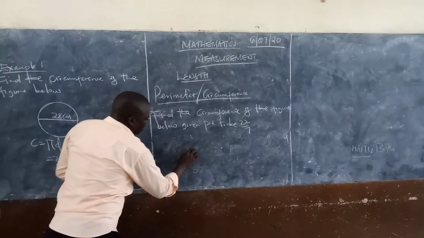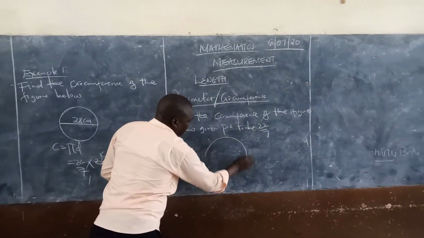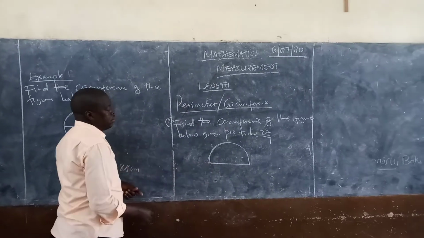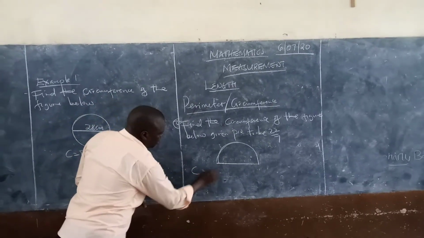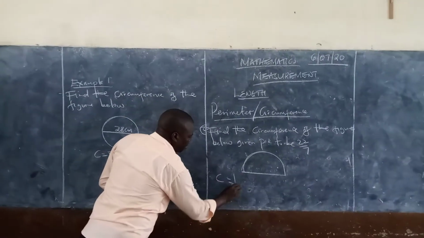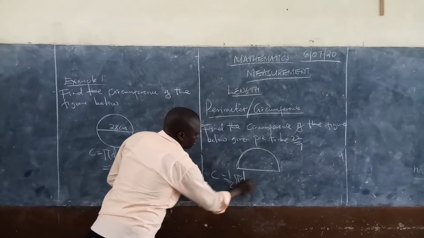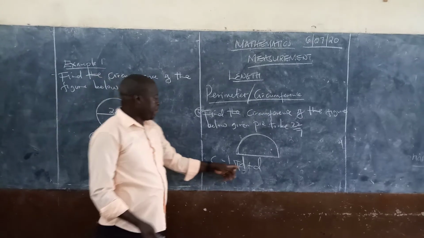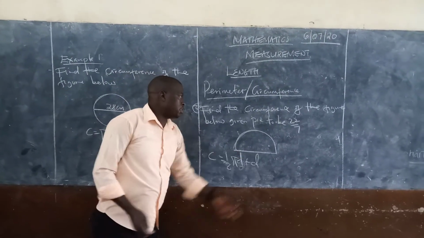So we have a half circle or a semicircle. The circumference for this is a half pi d plus the d. So we are saying a half pi d, then plus the diameter.